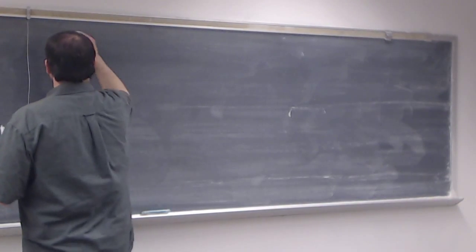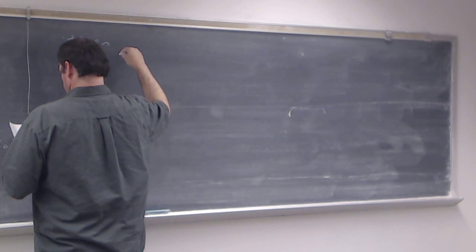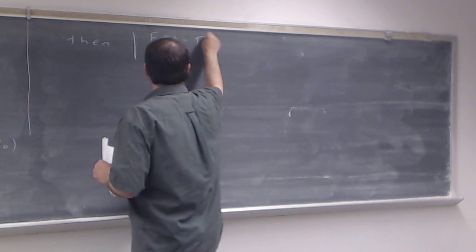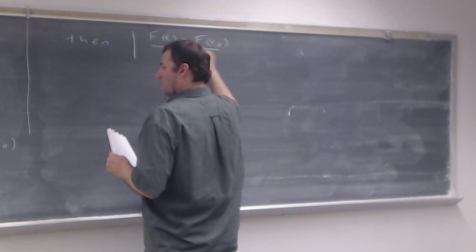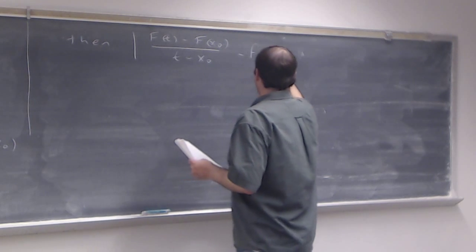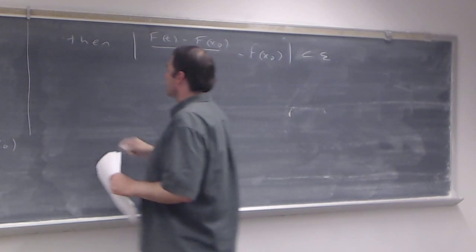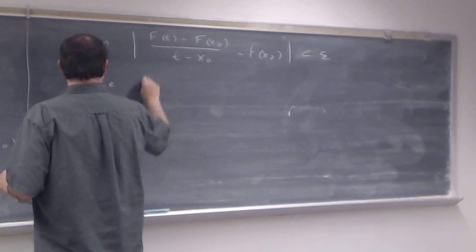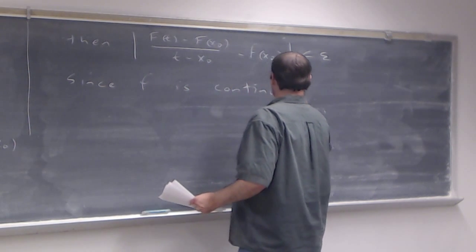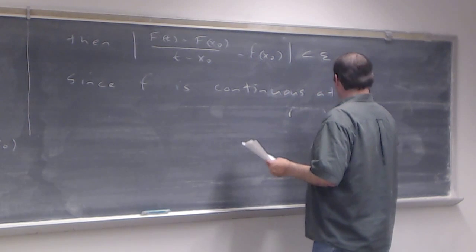Then the absolute value of f of t minus f of x naught all over t minus x naught minus little f of x naught. Okay, that's the value of that difference. It's got to be less than epsilon. Well, what we turn to is that little f is continuous at x naught.